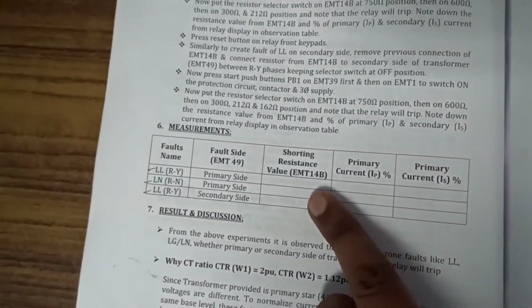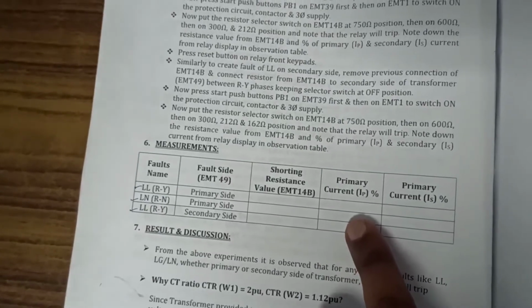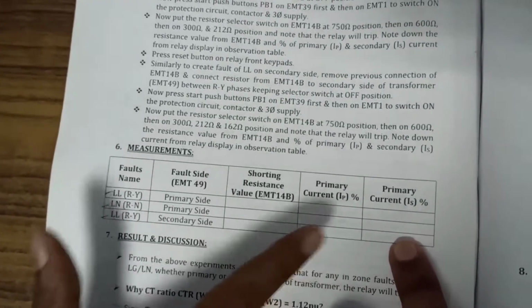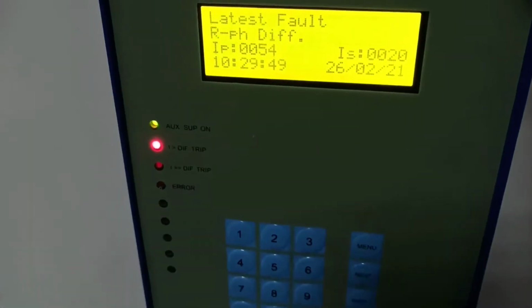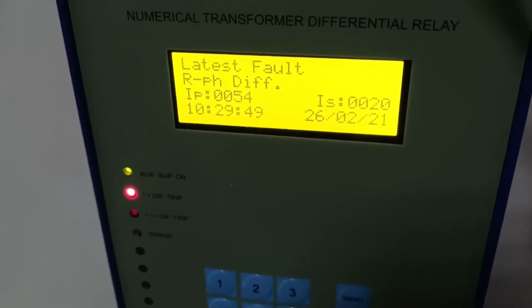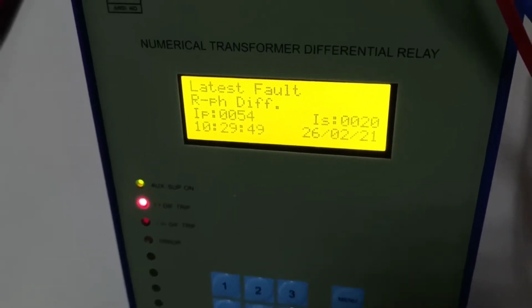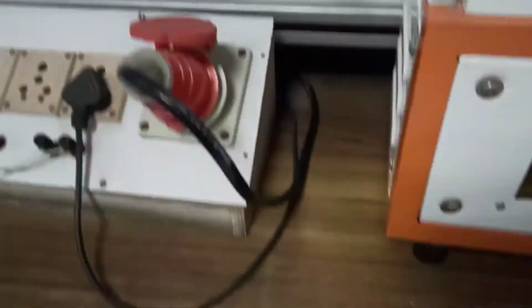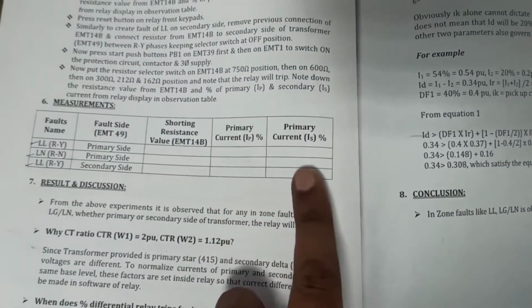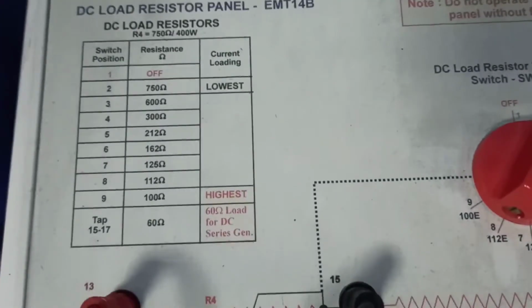Okay, primary resistance value, primary current percentage, and secondary current percentage. So you can get the values from this side. Primary is 54% and secondary is 20%. So these will be the values using this primary current and the secondary current, and the shorting resistance value is given here.